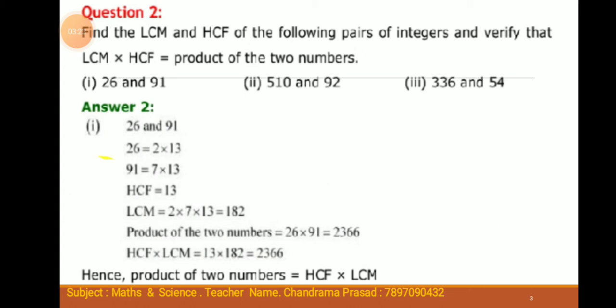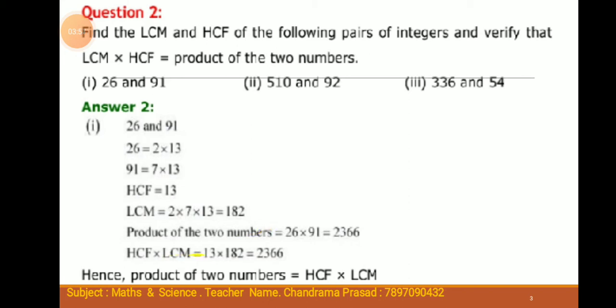Solution. First, the given numbers are 26 and 91. First, write the prime factors of the given numbers: 26 equals 2 into 13 and 91 equals 7 into 13. Therefore, HCF equals 13 and LCM equals 2 into 7 into 13 equals 182.